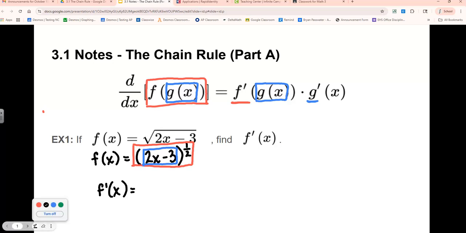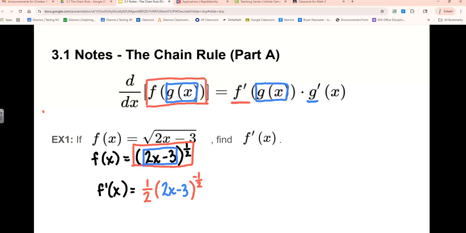So for something to the 1/2 power, I'm going to multiply by the 1/2 out front, keep the something the same, and subtract 1 from my exponent. So I'll have 1/2 of the something to the negative 1/2 power. That something right there is 2x minus 3. It stays the same. We're not taking the derivative of that part.